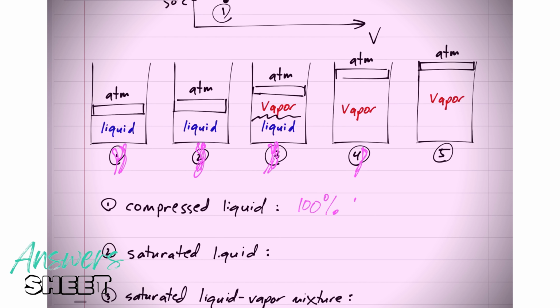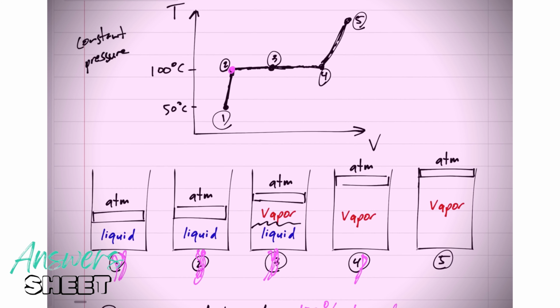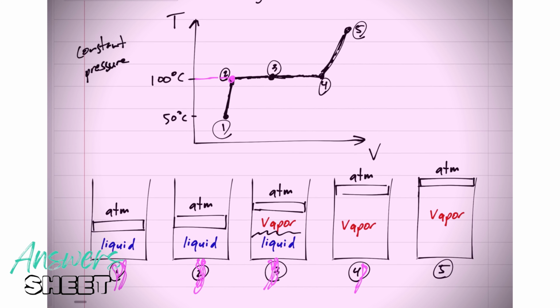Anything above that, and it is going to be a mixture. It's about to vaporize, and it is at the saturation temperature. We think of it as the boiling point or the boiling temperature, but this saturation temperature is the temperature of the phase change.